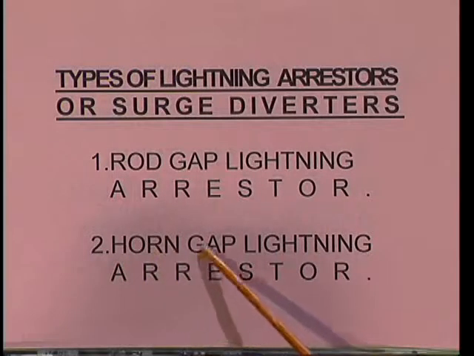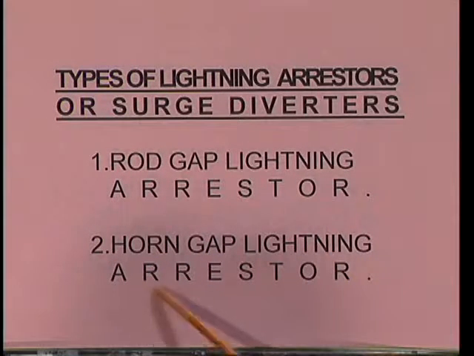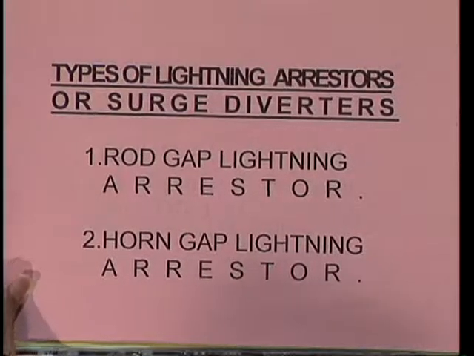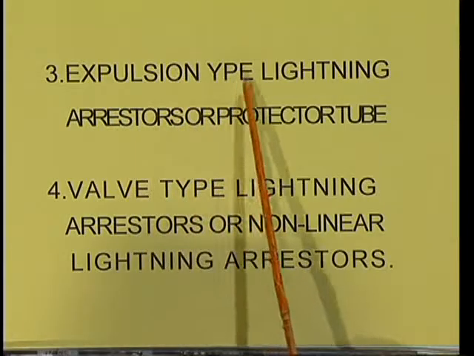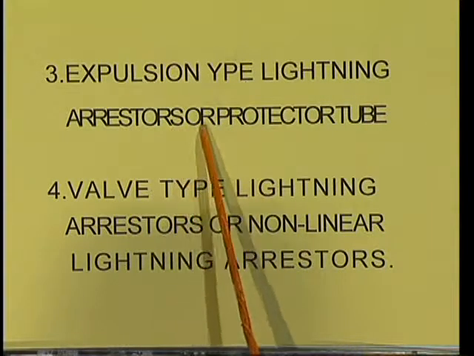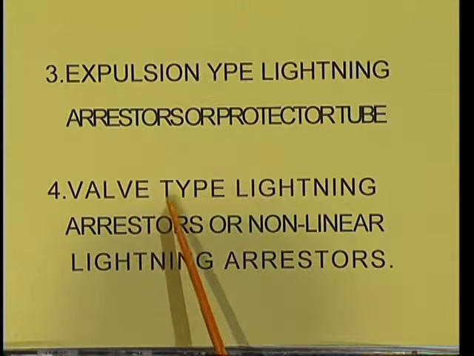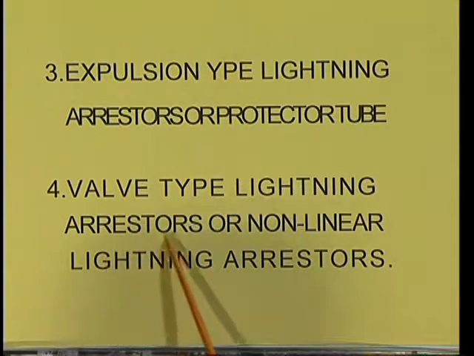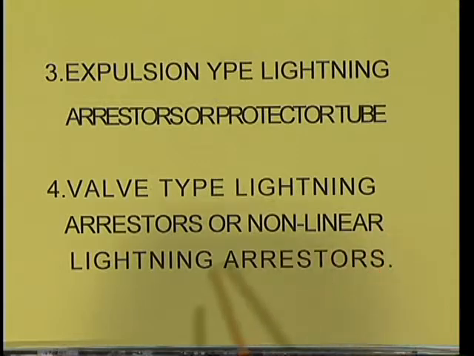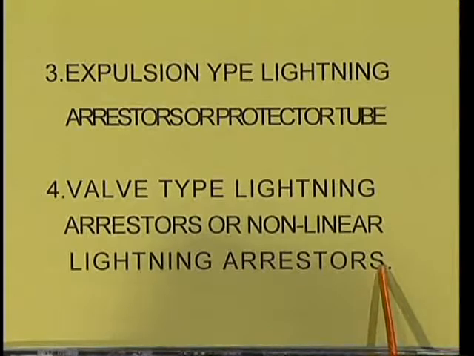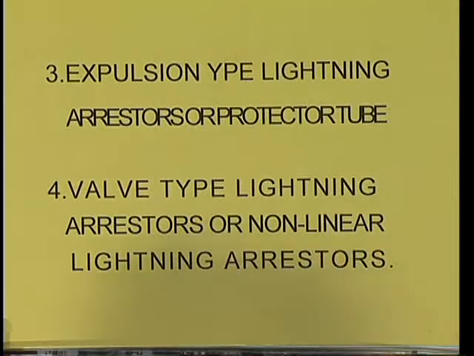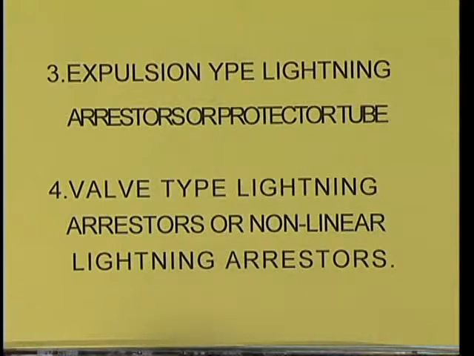Second one is the horn gap lightning arrestor, and third one is the expulsion type lightning arrestor or protector tube. Fourth one is the valve type lightning arrestor or non-linear lightning arrestor, and we may also call it the direct type lightning arrestor. So, these are the types of lightning arrestors.